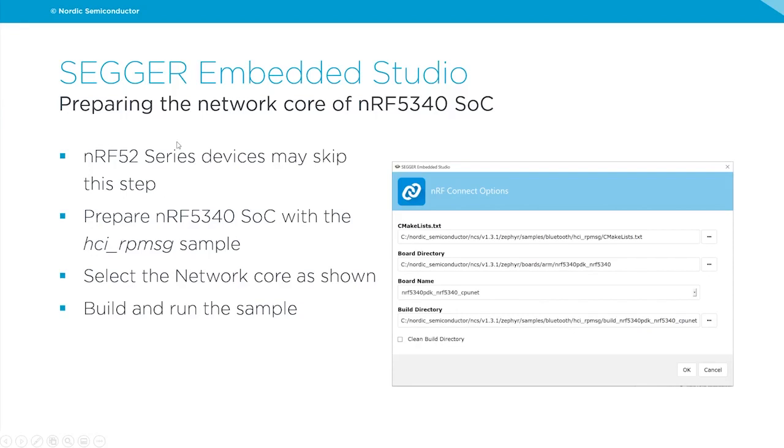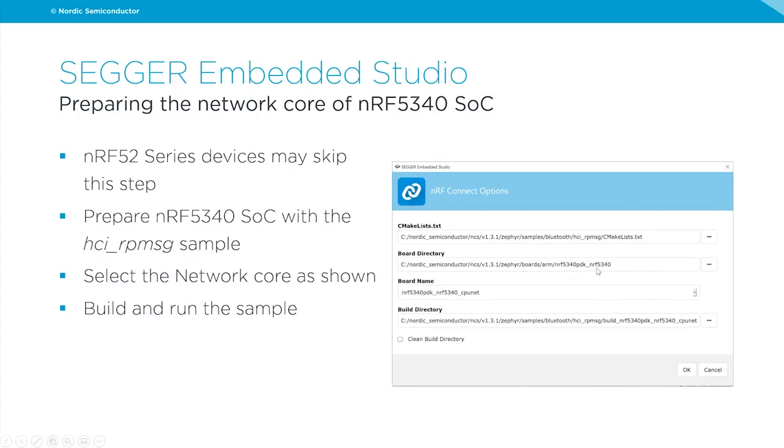So if you are one of the lucky ones who has got an nRF5340 SoC, then you do need to follow this first step. And if you have a 52 series device, you can skip the first step and just go to the next step. The first step here is to prepare the network core of your dual core device.